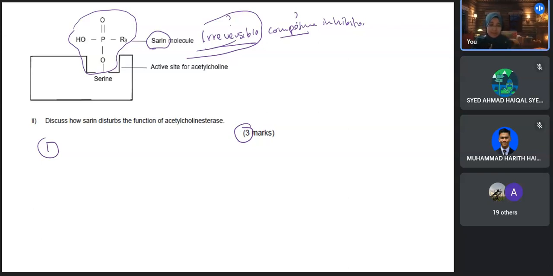You are sitting and suddenly it becomes a spasm, understand? So that's why you have to remove the neurotransmitter. But when you have serine, you cannot remove that neurotransmitter. So those are the points that you can include in your answer.